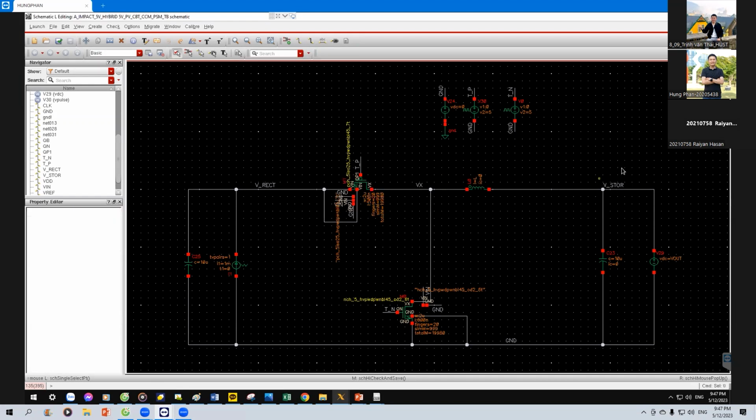Before, I told you how to calculate the power: voltage multiplied by current. So you calculate power and then you calculate the input power through this node.